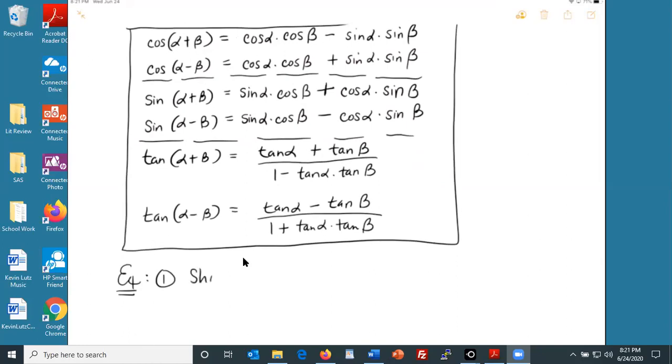So number one, first we want to show that the cosine of alpha minus beta divided by sine of alpha times sine of beta will equal the cotangent of alpha times the cotangent of beta plus 1.